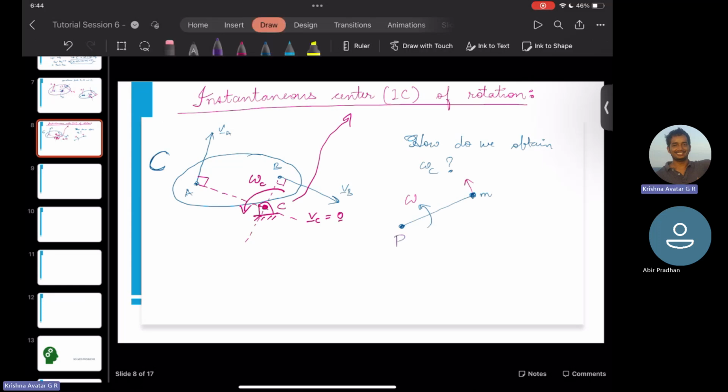So this was p, this was q, and this was some linear velocity v, right?